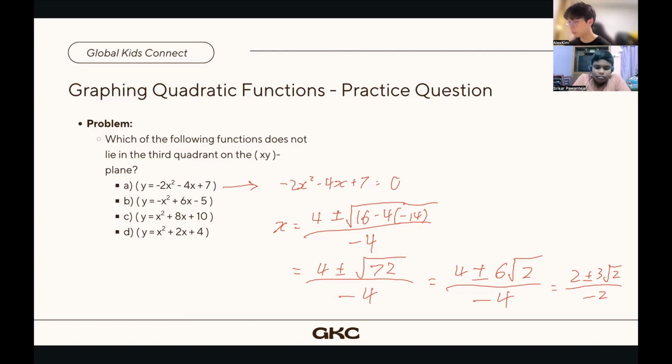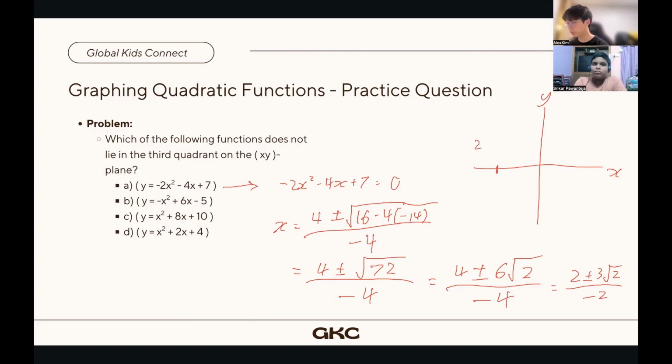And so from here, we can generally draw what the shape of the parabola will be, because for our first x value, if the plus minus was a plus, then we get 2 plus 3 root 2 over negative 2, which will be a negative value. And so we don't need to know the exact point, but generally it will be around here.